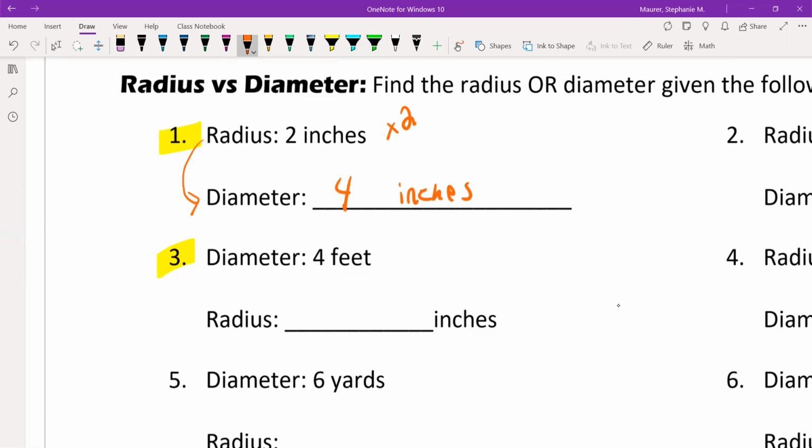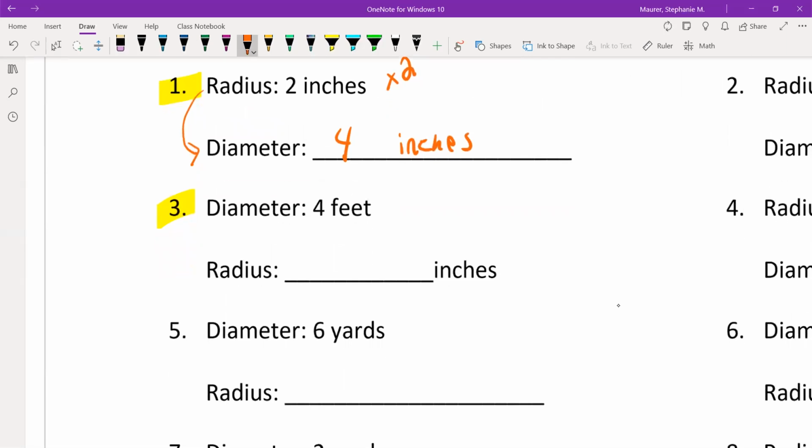Make sure that you acknowledge that the unit involved here is inches, might change depending on the problem, but anytime you go radius to diameter, your number should be getting bigger. If you're looking at number 3 and we're going diameter to radius, again, diameter is the longer word and we're moving to the shorter word, so our number should be getting smaller, which means we divide by 2. So if we have 4 feet, that would convert to 2, again divided by 2, becomes 2 feet.